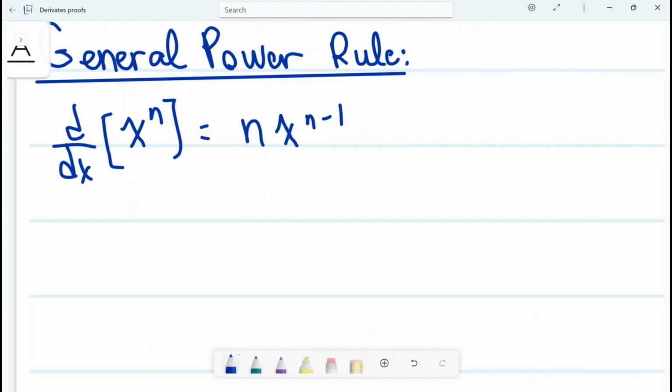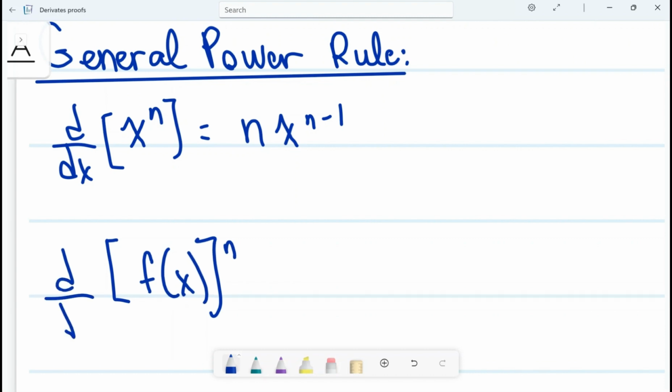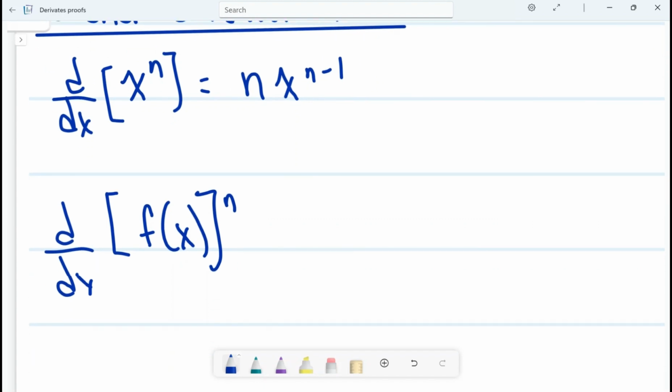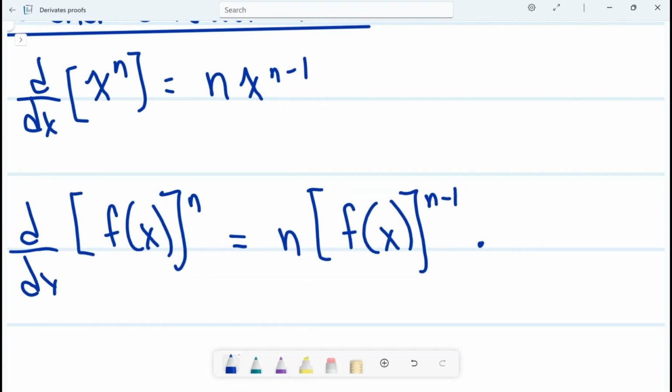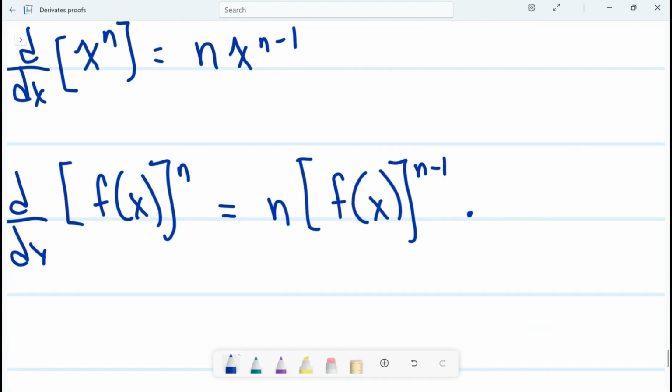What if it is f of x? So let's say I want the derivative of f of x to the power of n. Same thing, I drop the power, and I get n times f of x all to the power of n minus 1. Now what changes is that I also have to multiply this by the derivative of f of x.